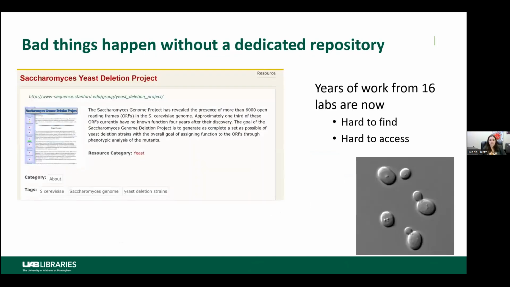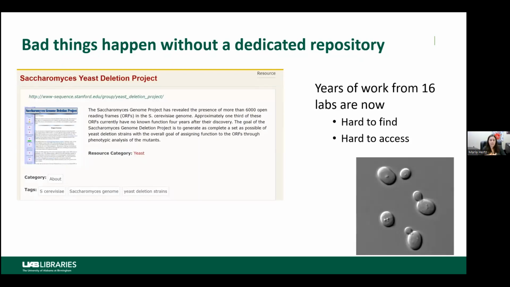And then, I also wanted to share this story, that really bad things can happen without a dedicated repository. This was a huge undertaking, the Saccharomyces yeast deletion project. This was done in the late 90s, early 2000s, and this was over 16 labs that looked at deleting every gene from yeast as a model organism and seeing if they could determine the function of each of these genes, what they do.